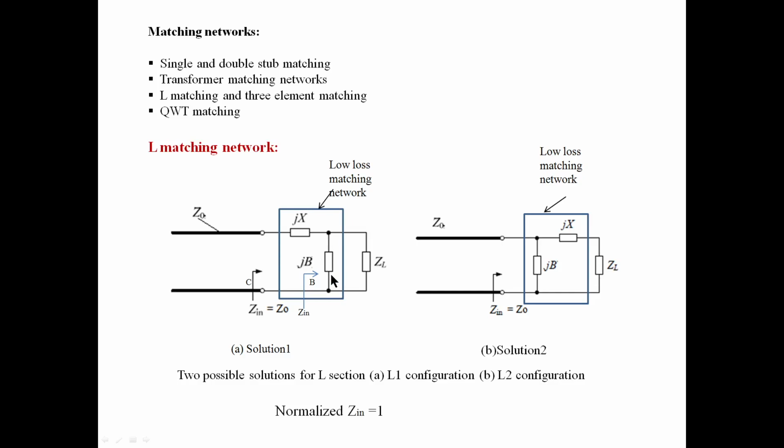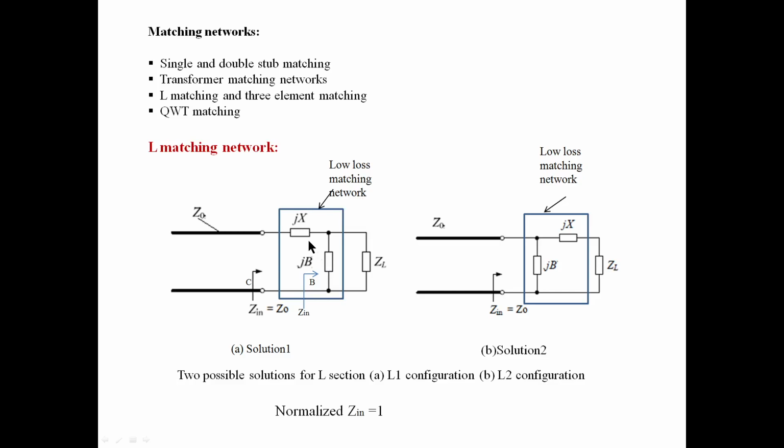Just by connecting external components like an inductor and capacitor, any combination of these two, we can make the impedance between these two terminals match. After this is the impedance matching network, and usually this must be a lossless network. Whatever you are adding should not dissipate any power. This and this should not dissipate any power. That is called a lossless matching network.